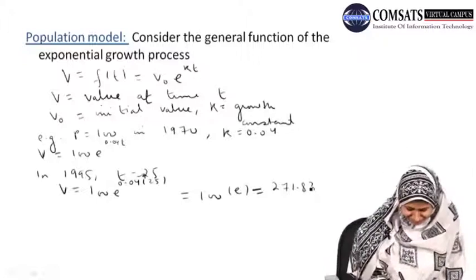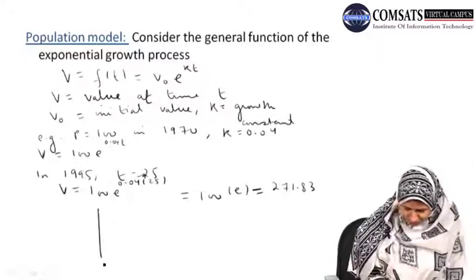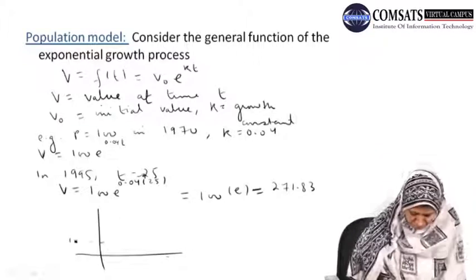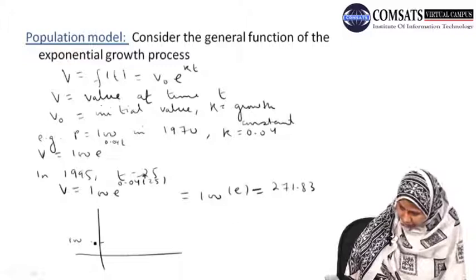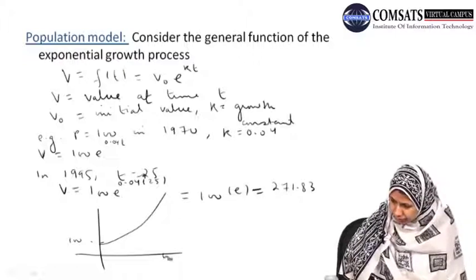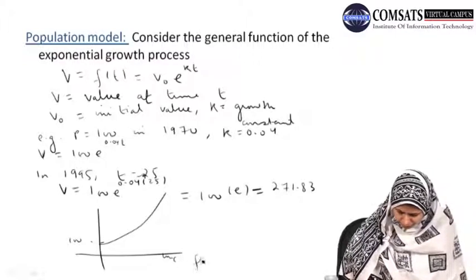And if we want to plot the graph of this population model, this is 100, then our graph will be like this, which is an increasing function.